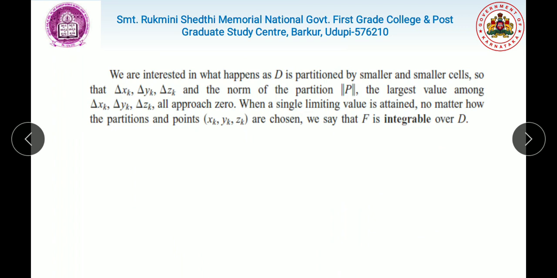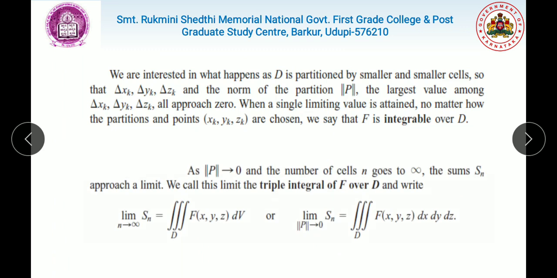When a single limiting value is attained, no matter how the partitions and points xk, yk, zk are chosen, we say that f is integrable over D. As norm P tends to 0 and the number of cells n goes to infinity, the sums Sn approach a limit. We call this limit the triple integral of f over D and write: limit as n tends to infinity of Sn equals the triple integral of f over D, or limit as norm P tends to 0 of Sn equals the triple integral over D of the function f.